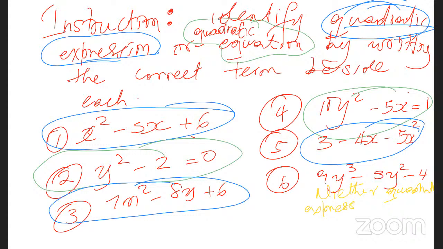Why is it not a quadratic expression or equation? It's not an equation because it doesn't have an equal sign, and it's a number, and 2 is not the highest power, right? Beautiful. Good. So let's go to the next page.